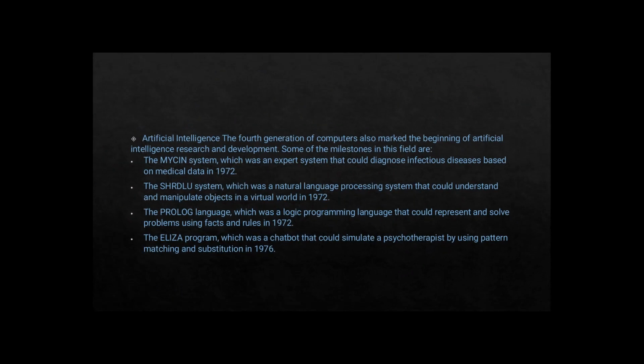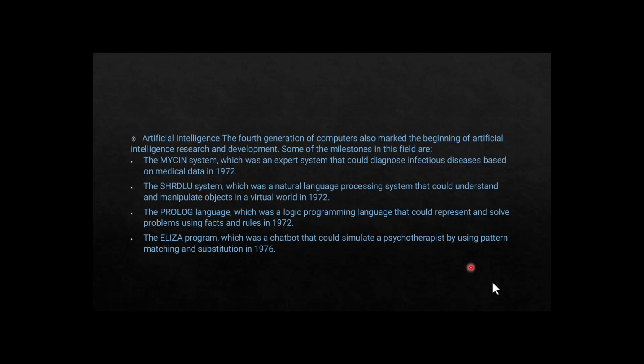The fourth generation of computers also marked the beginning of artificial intelligence research and development. Some of the milestones in the field are the MYCIN system, which was an expert system that could diagnose infectious diseases based on medical data in 1972. The SHRDLU system, which was a natural language processing system that could understand and manipulate objects in a virtual world in 1972.